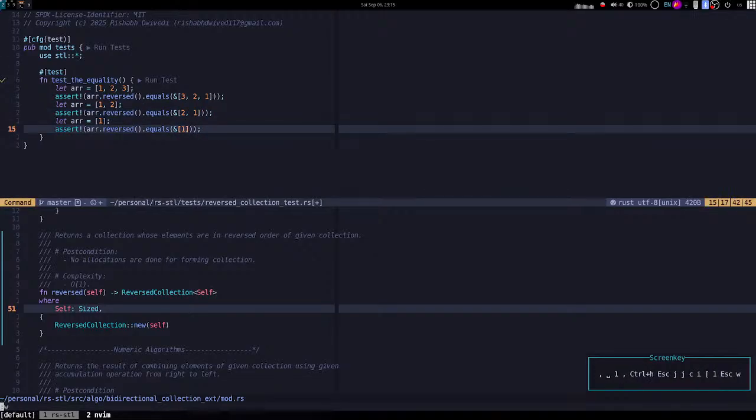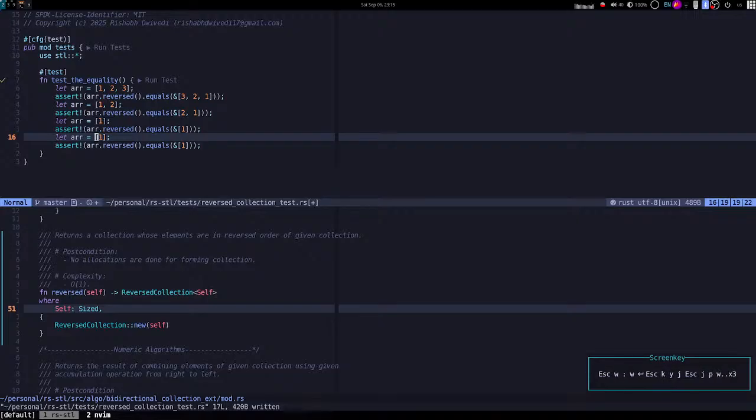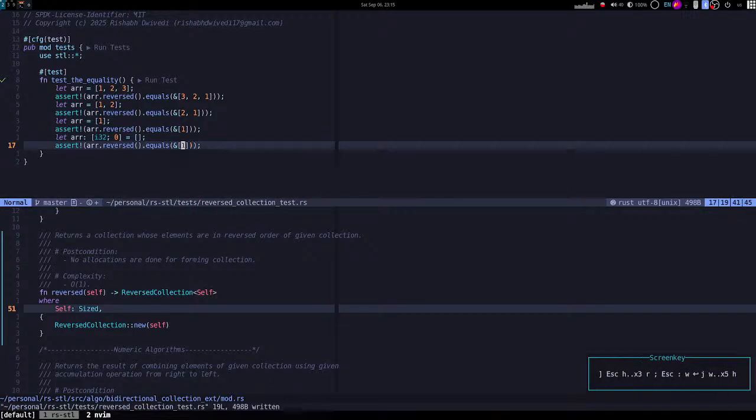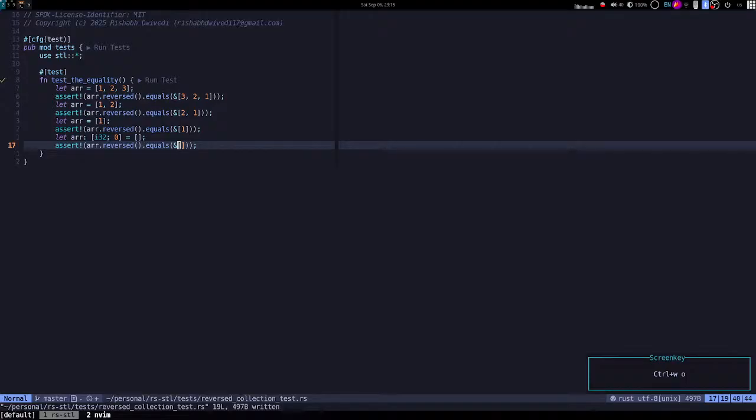And it should be 1, and it should be I32 comma 0, right? And this is how it should be. Let's see. And all of this is working. So that's fine.